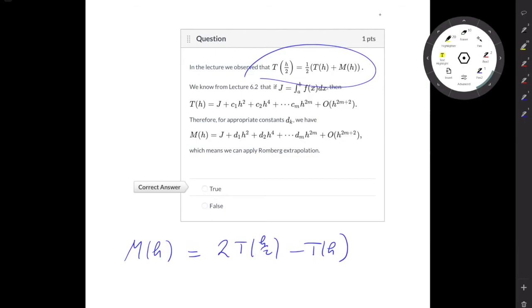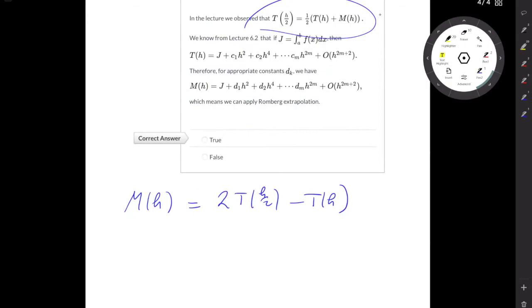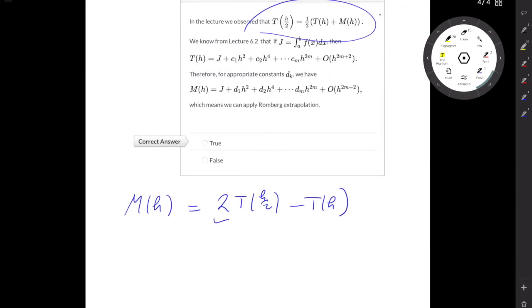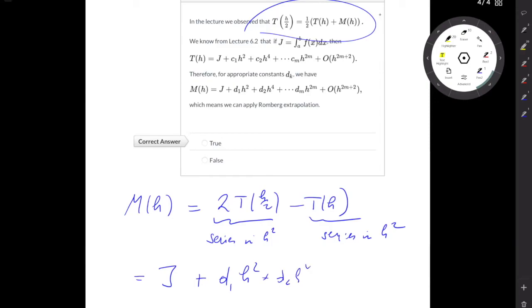So this just comes out of the algebra here. But this can be expanded in a series in h squared, and this is a series in h squared. So M of h will indeed look like J plus some constant d1 h squared plus d2 h fourth. So the answer is true.